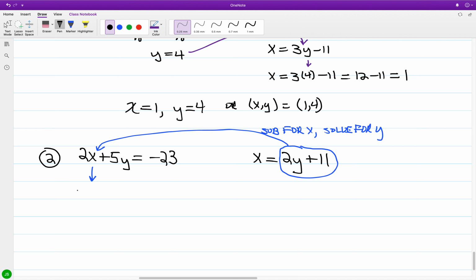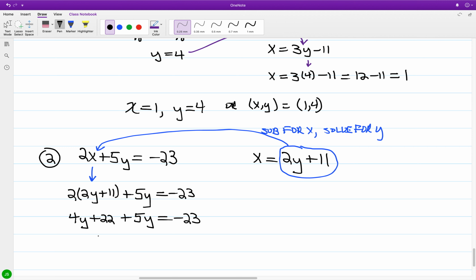So you have 2 times x, so 2 times the quantity of 2y plus 11, plus 5y is equal to negative 23. And we have a distribution, 2 over 2y plus 11. That would be 4y plus 22, plus 5y is equal to negative 23.